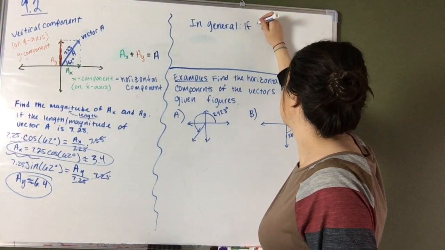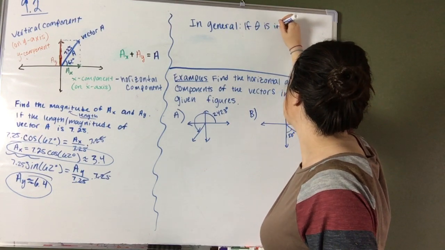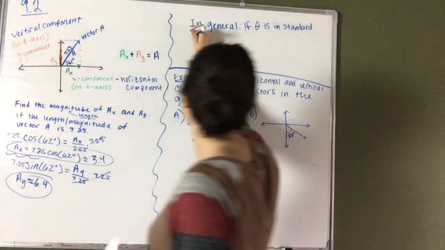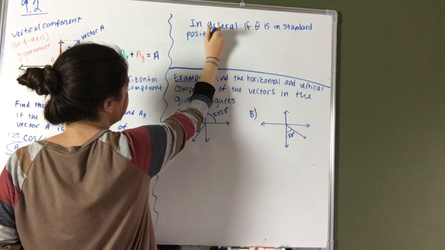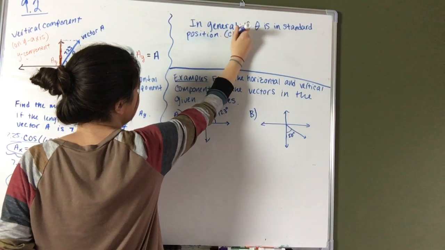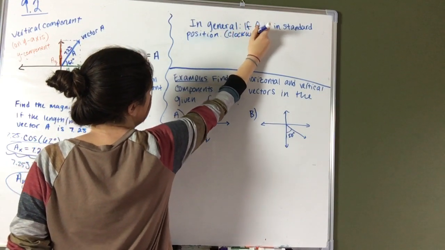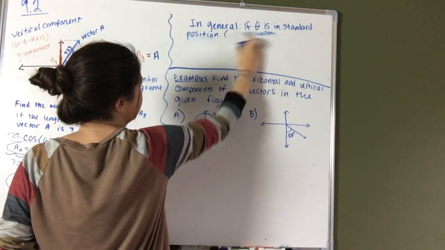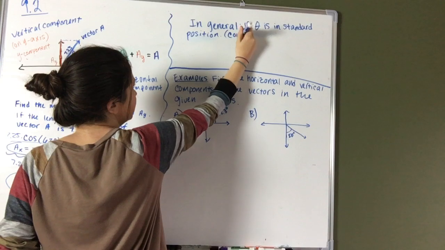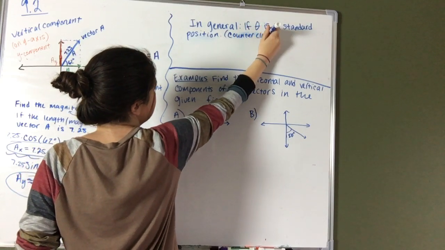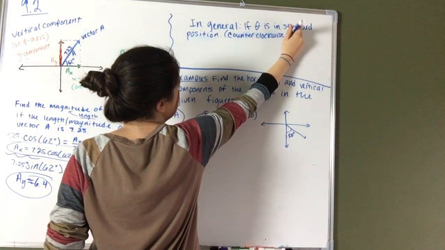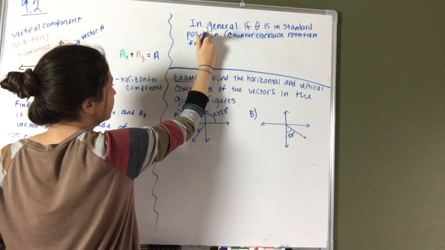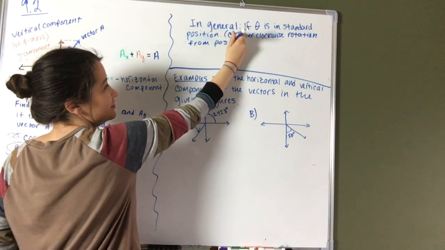So in general, if theta is in standard position, that's a counterclockwise rotation from the positive x-axis.